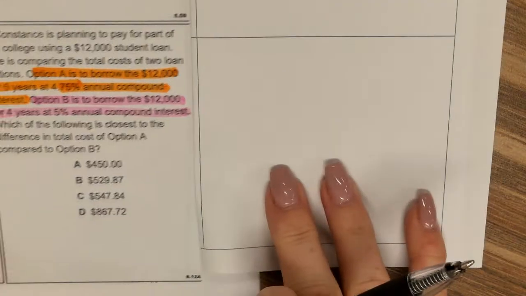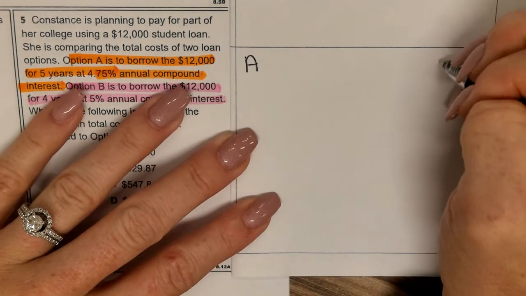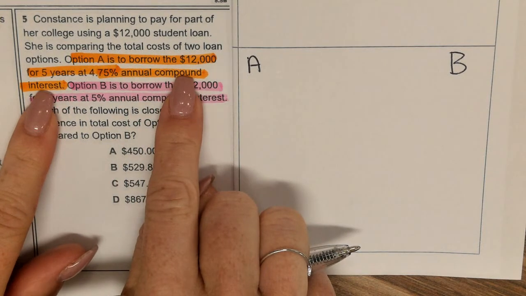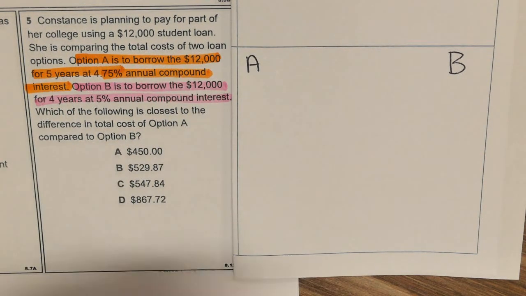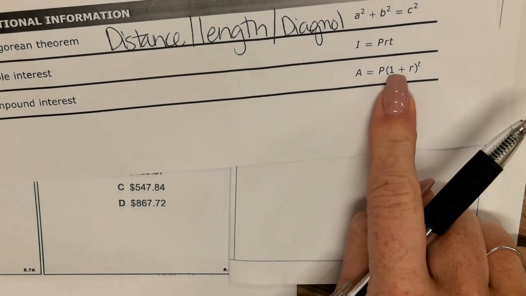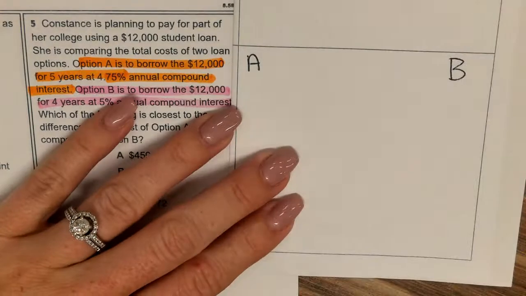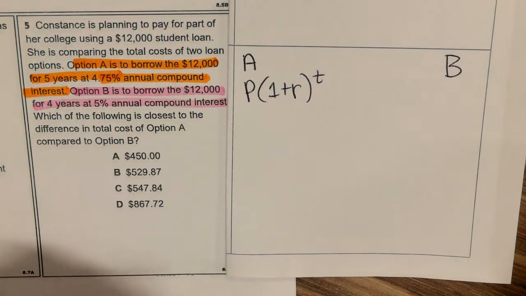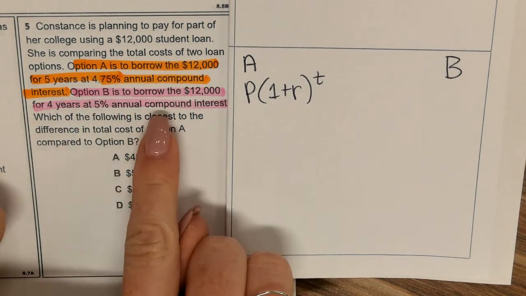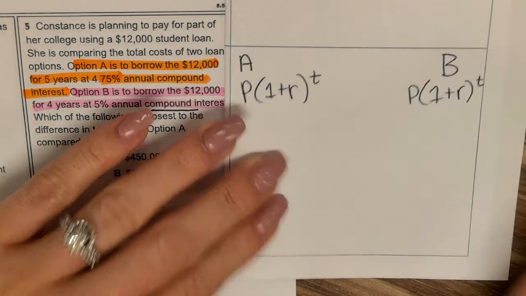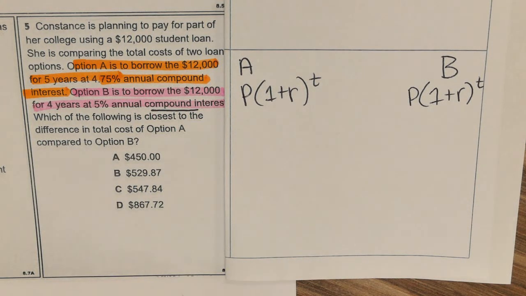So I'm going to have option A over here and option B over here. Option A is compound interest. So I go to my STAAR chart and I say, well, here's the formula for compound interest right here. So that's why I'm writing this down. P, open parentheses, 1 plus R to the T power. Option B also says compound interest, so I wrote the same formula. Did everybody at least do that much?